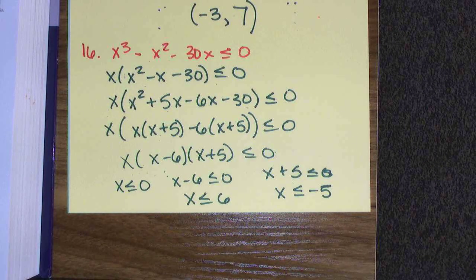You could also try like 7 and see what happens there if you want. 343 minus 49.